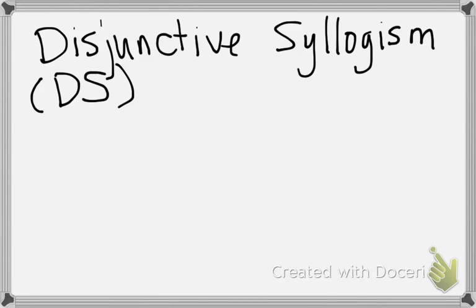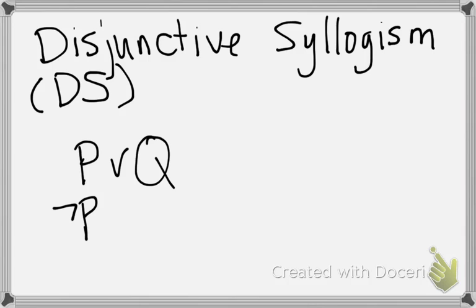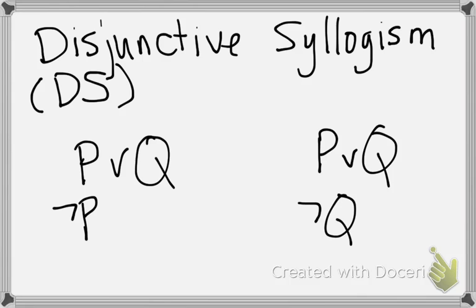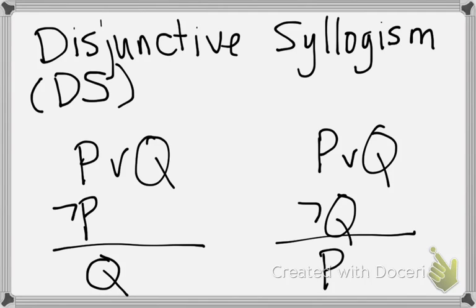Okay, so the way the rule of disjunctive syllogism works is if you have a disjunction and you have the negation of one of its disjuncts, then you can derive the other disjunct.